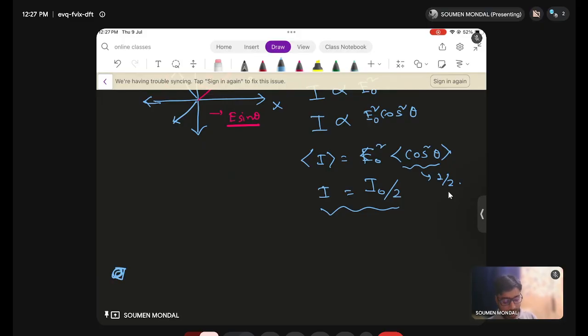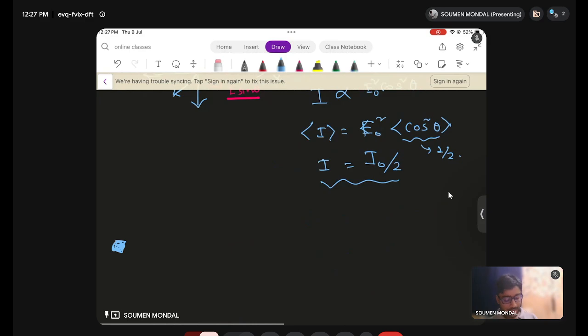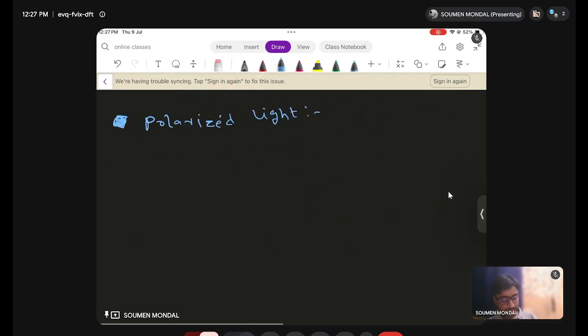Second, what is going to happen if polarized light passes through a polarizer? Let's say we have a polarized light with its plane of polarization like this.